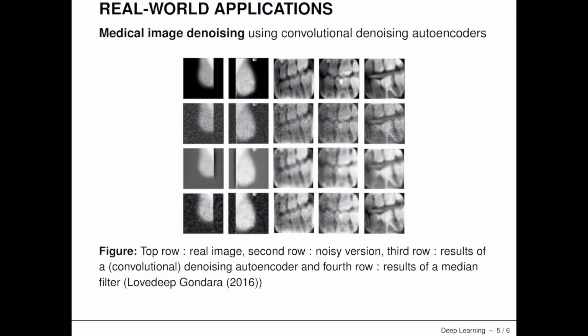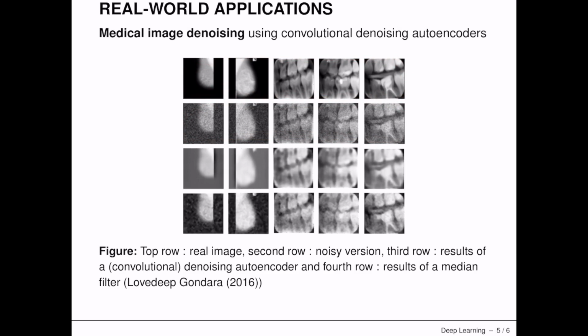And here we see an example of an application in image denoising with a convolutional autoencoder in the medical domain, where we might get noisy versions of an image shown here. And this would be the clean image, and we would like to denoise that.